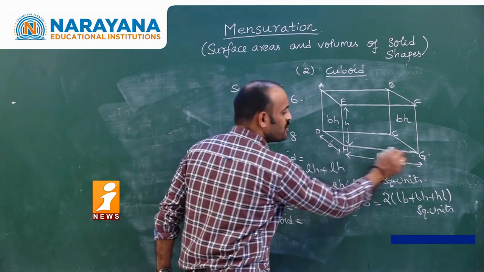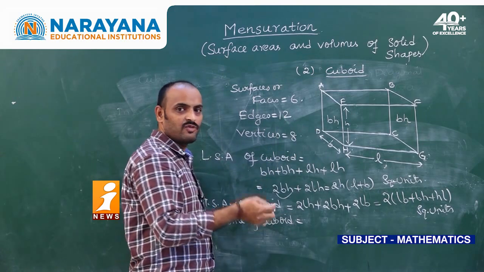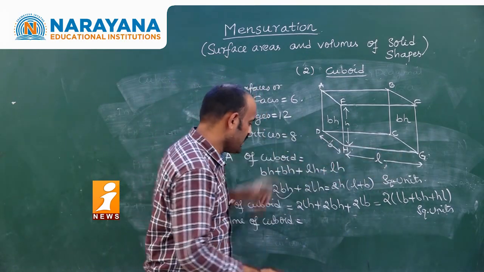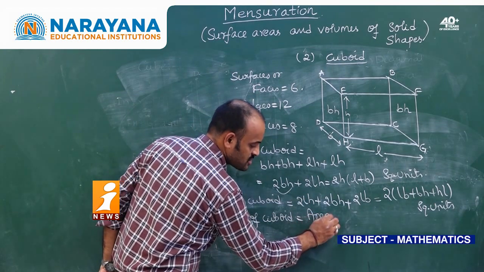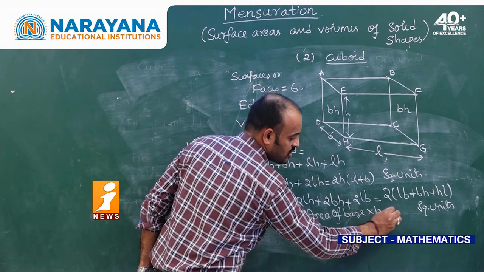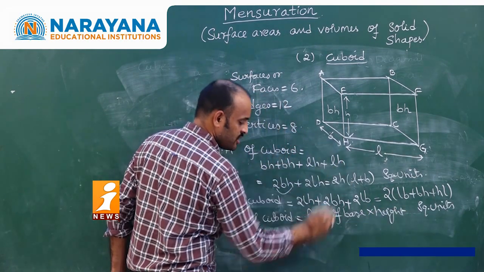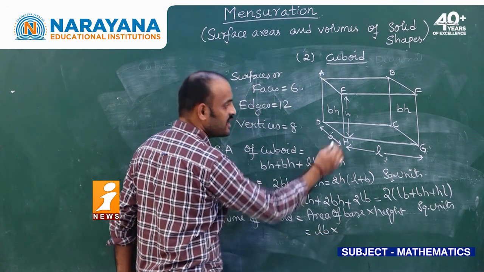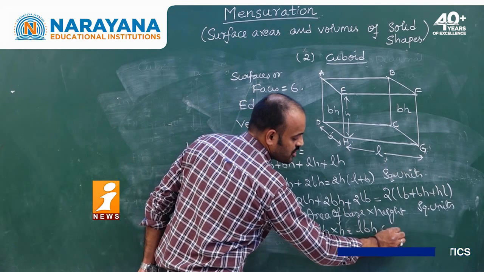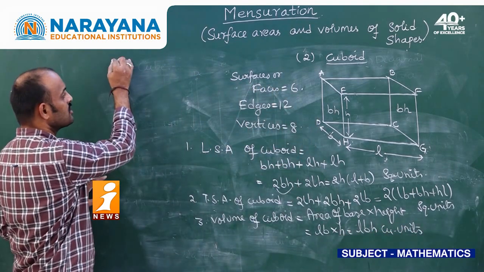So it occupies the base area first, and it keeps on increasing its height while filling. So area of the base into height. What is the area of the base? L into B, LB, into height H. Therefore LBH cubic units.